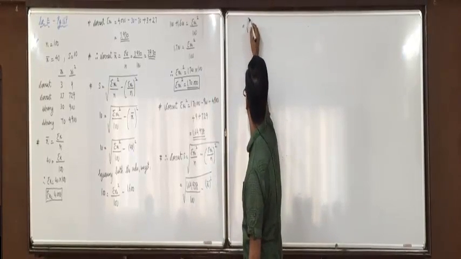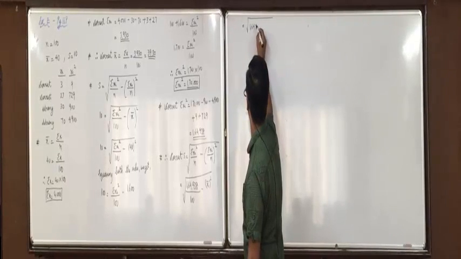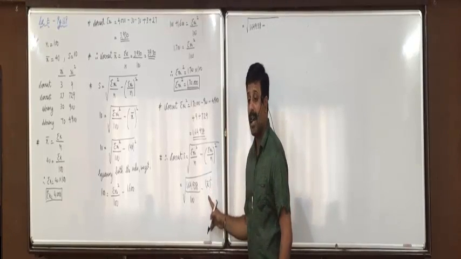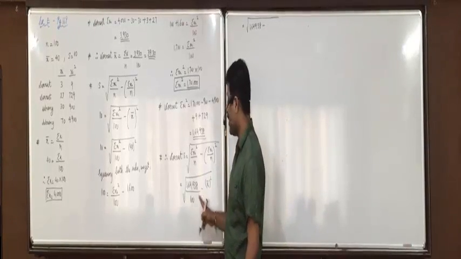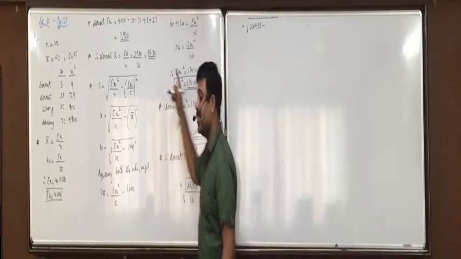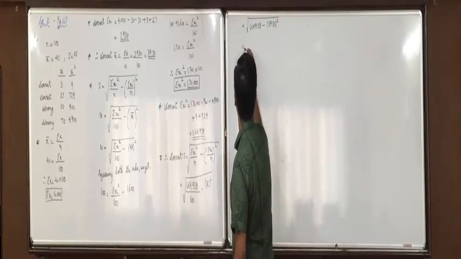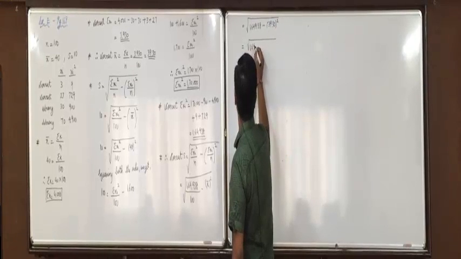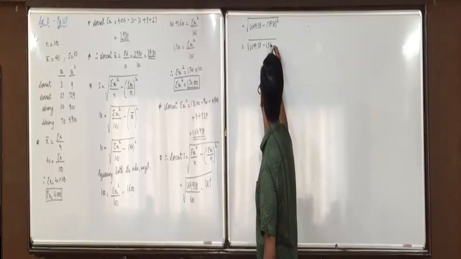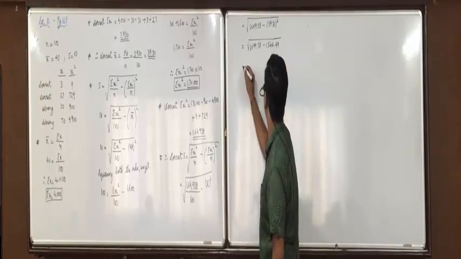So square root of 1649.38 minus, now which x bar will you take here? Now you will take the correct one. You are finding the correct standard deviation, so you will take 39.30. 39.30 square is 1544.49.